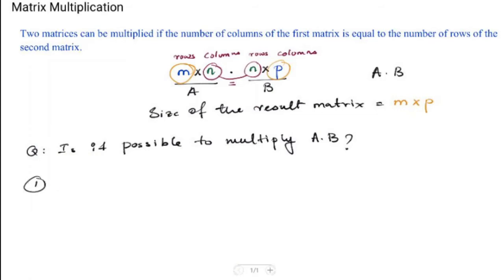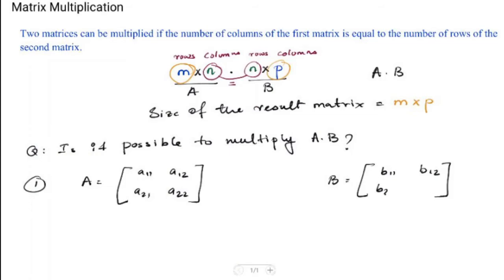So the first example here, let's say A is A11 and A12, A21, so these are the positions, A22, and we have the matrix B, which is B11, B12, and then we have B21, B22.